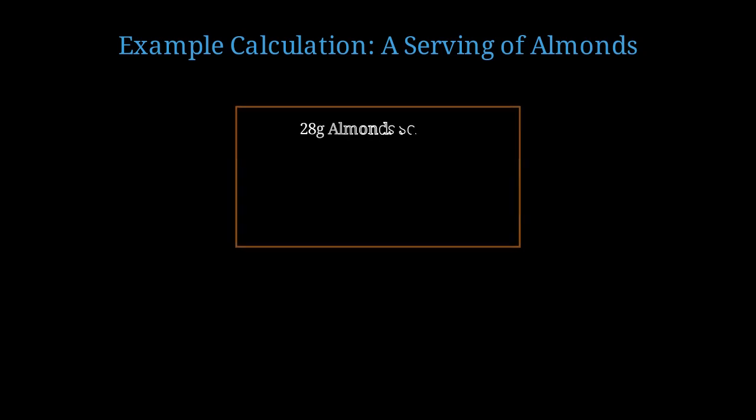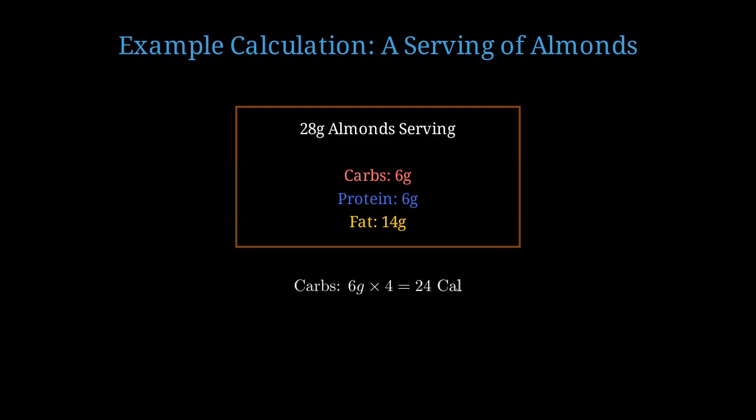Let's work through a concrete example. Consider a 28-gram serving of almonds. A 28-gram serving contains 6 grams of carbohydrates, 6 grams of protein, and 14 grams of fat. From carbohydrates, 6 grams times 4 calories per gram equals 24 calories. From protein, 6 grams times 4 equals 24 calories.